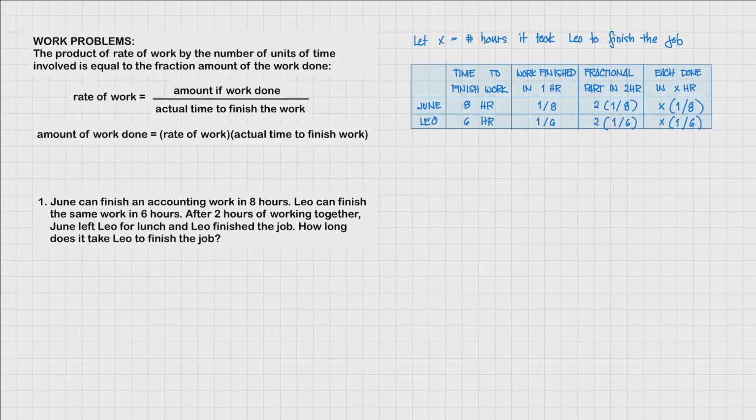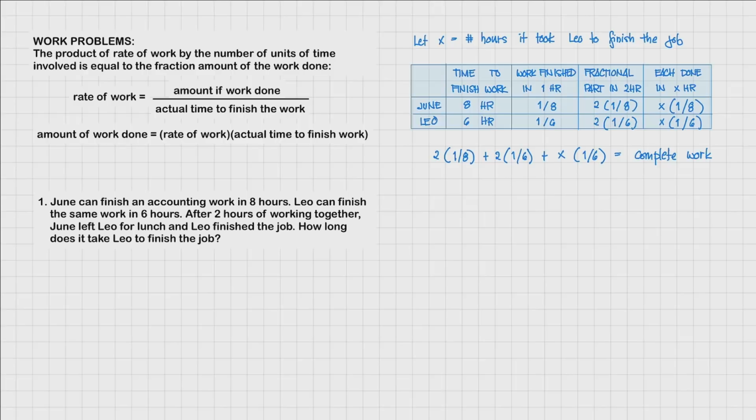So the equation would be, them working for 2 hours, so that's 2 times 1 over 8 plus 2 times 1 over 6. And then Leo worked for x number of hours to finish it. So that is x times 1 over 6, right? And that should be equal to 1 complete work.